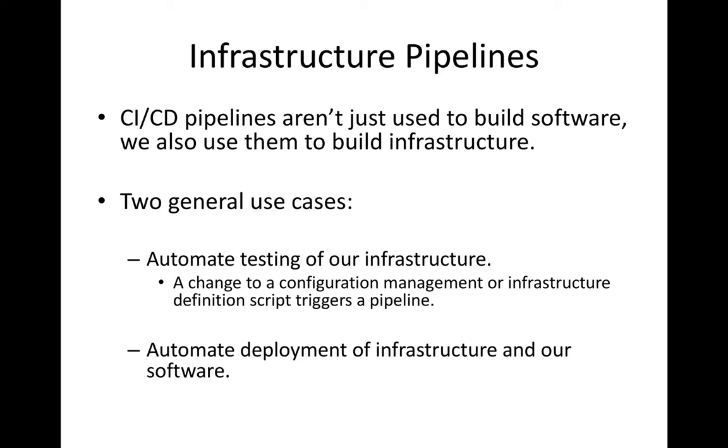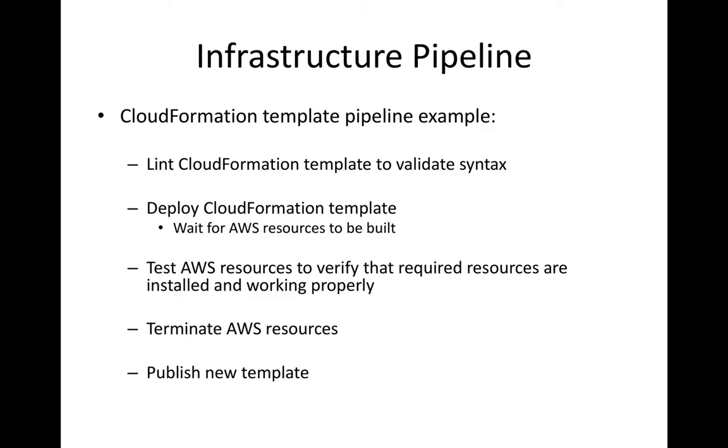One is that we can build an infrastructure pipeline to test infrastructure before we actually deploy it. And the second use case is to automate the deployment of infrastructure and then the deployment of our software platform on top of that infrastructure.